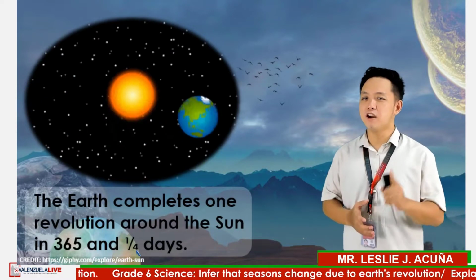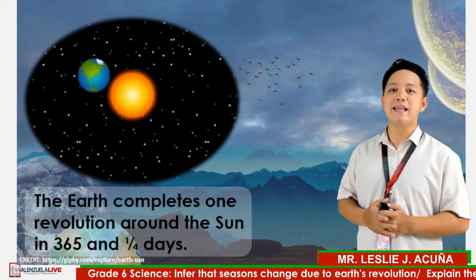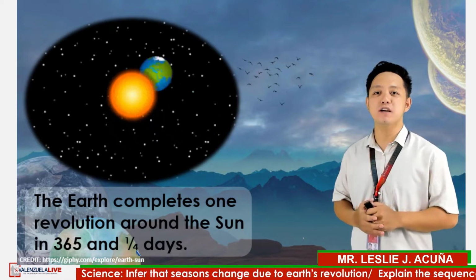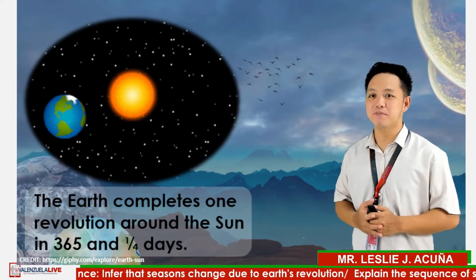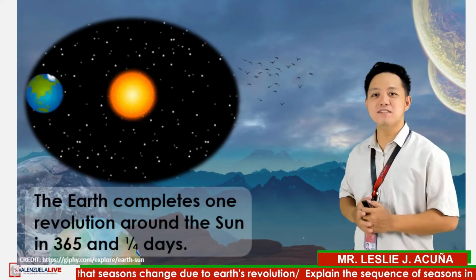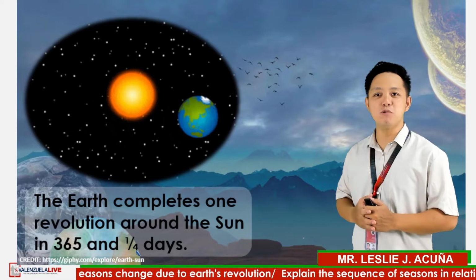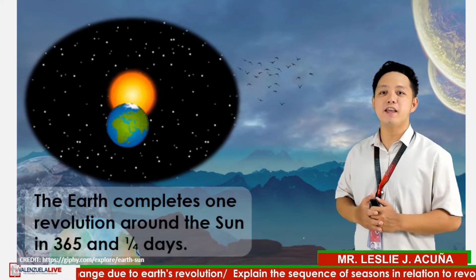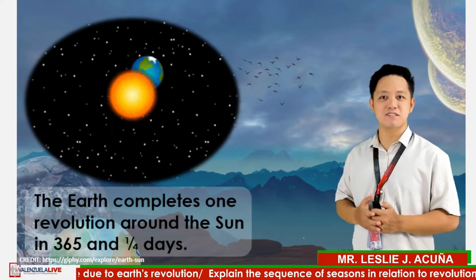The Earth not only spins at its position, but also moves around the sun at the same time. The Earth completes one revolution around the sun in 365 and 1/4 days.